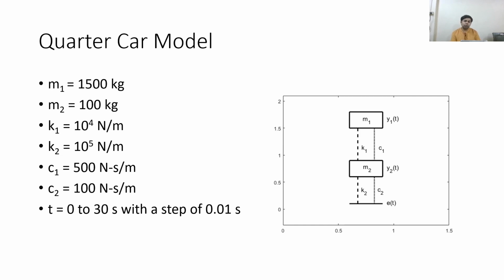Therefore the value of y1 should be as small as possible. So we have chosen a spring k1 which is less stiff than the tire stiffness K2, by an order of magnitude. K1 is almost 10 times lesser than K2.